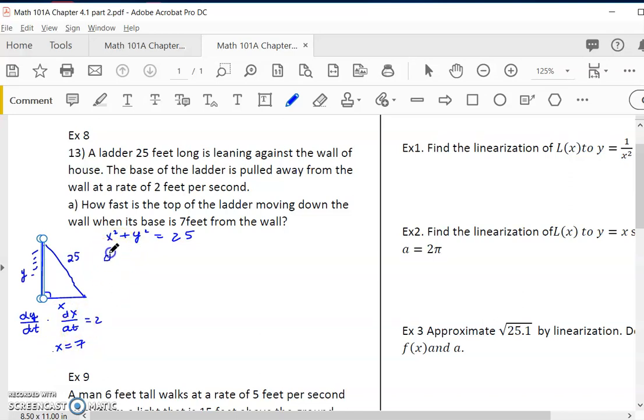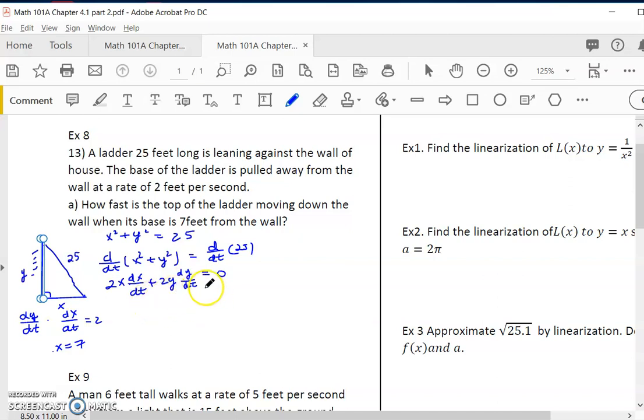So what we do is we take d/dt on both sides. d/dt of x squared plus y squared equals d/dt of 25. So this is a constant, of course, this is 0. And then we take d/dt for both of them. We have to do a change of variable. Dx, 2x dx/dt plus d/dy, which is 2y, but we're supposed to do d/dt, so we just attach dy/dt at the end.